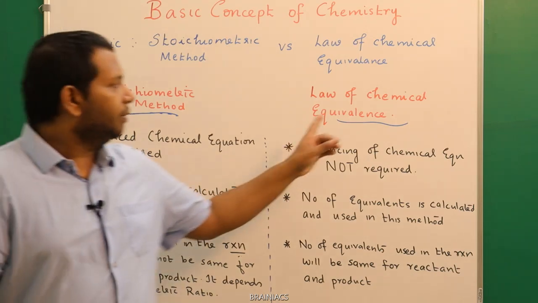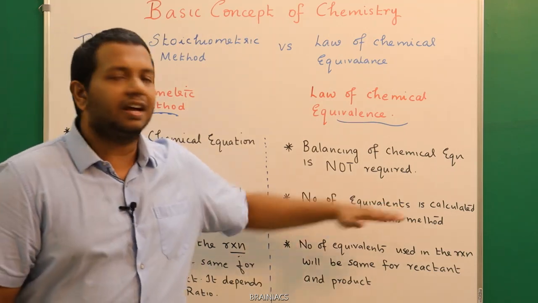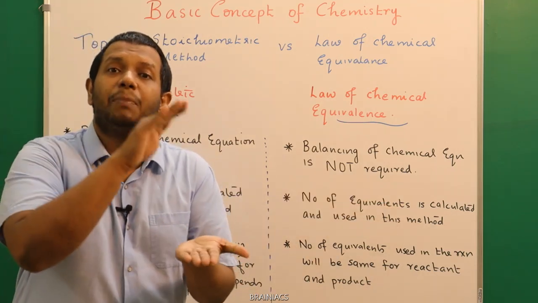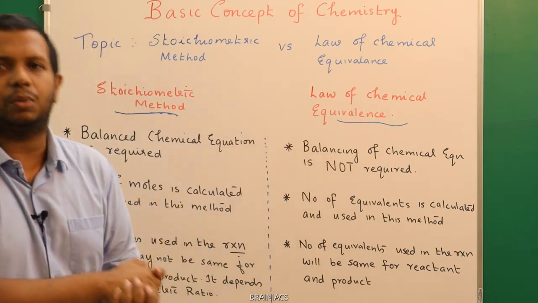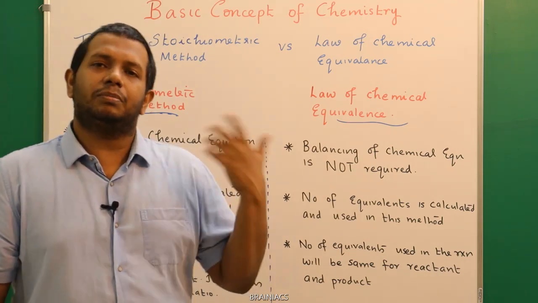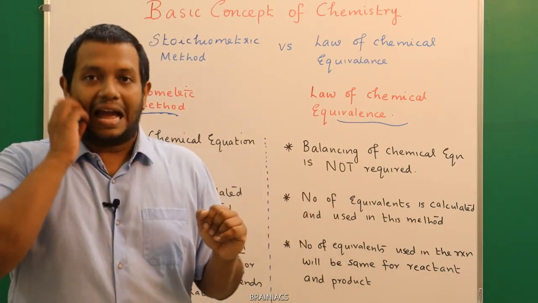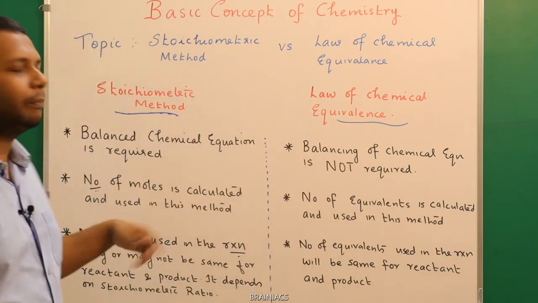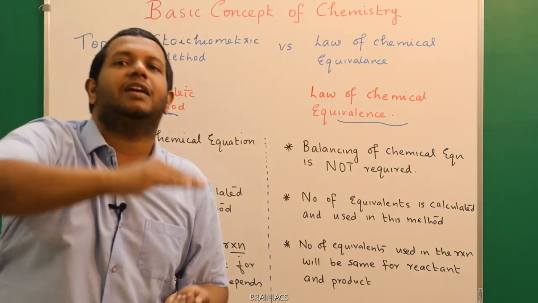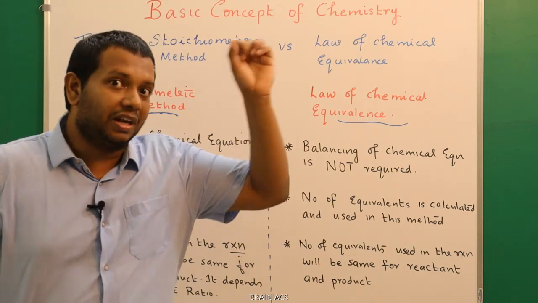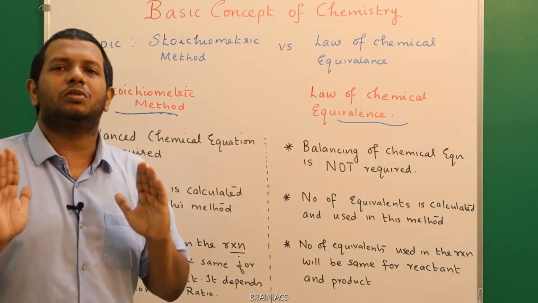Now coming to the law of chemical equivalence. Similar to the number of moles, here we are calculating the number of equivalents. Very, very important term. Some people may say number of gram equivalents, and that is also correct. Actually speaking, we should say number of gram moles, because moles is weight in gram divided by molecular mass, but we used to say moles.